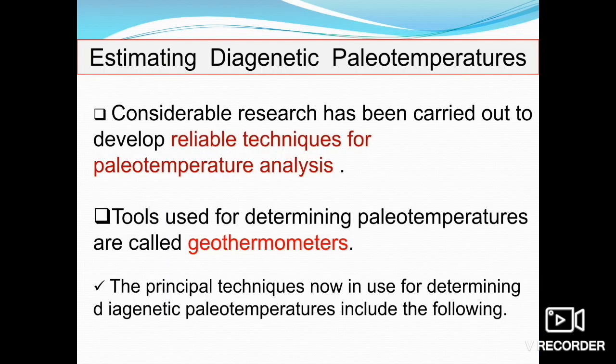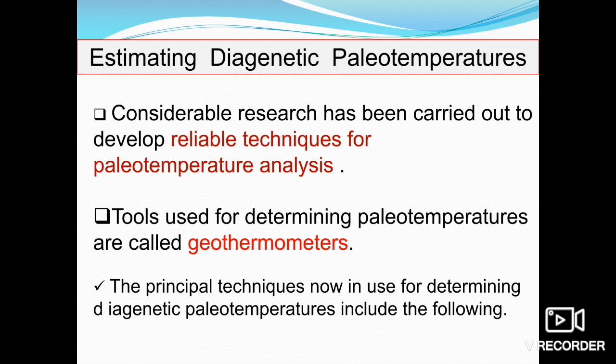Let's start. Before we start estimating the diagenetic paleotemperatures, considerable research has been carried out to develop a reliable technique for paleotemperature analysis. Several techniques have been considered, and research is still going on to evaluate paleotemperature analysis.